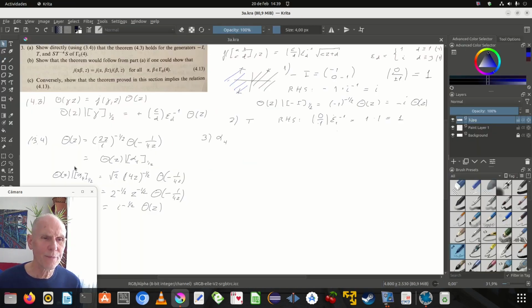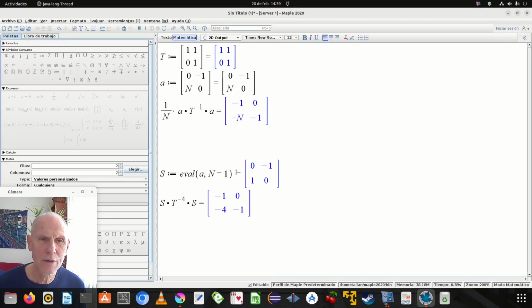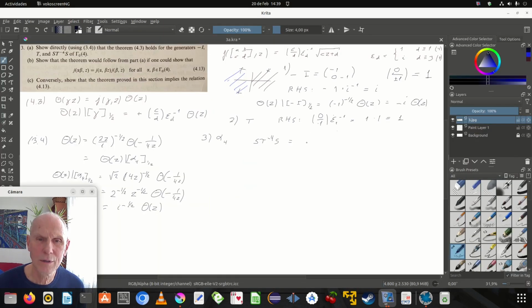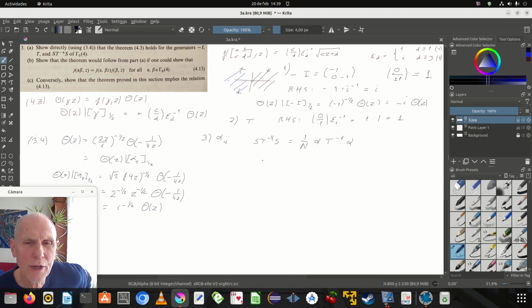So we have the formula for a4, and now the generator st to minus 4th equals one nth alpha t to minus first alpha. So we just operate on that.